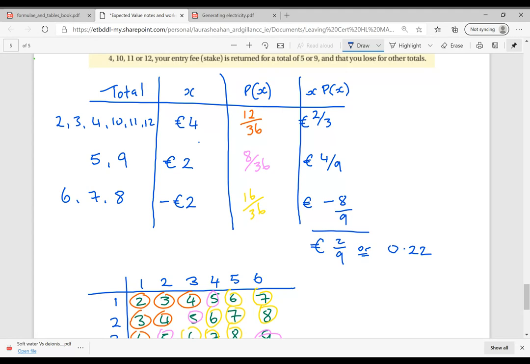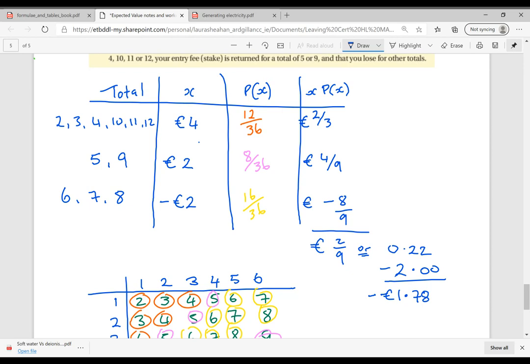Okay, remembering now that it costs me €2 to play the game, so subtract €2 from that. Okay, and I have minus 1.77, or 78 actually when I round it, 1.78.